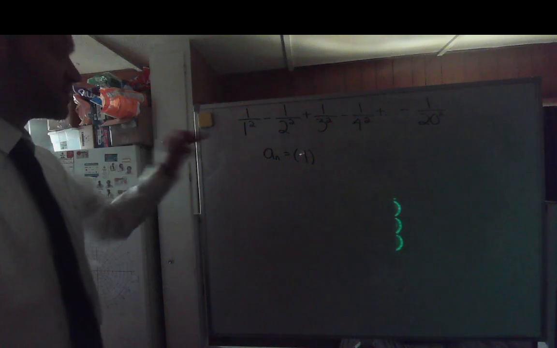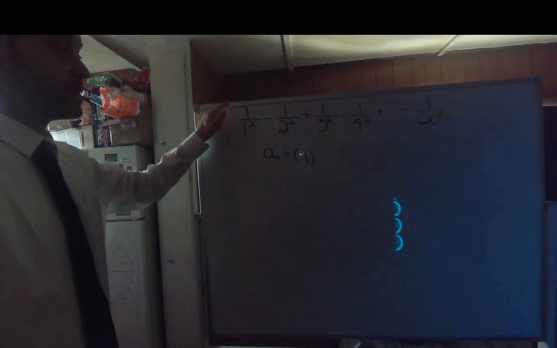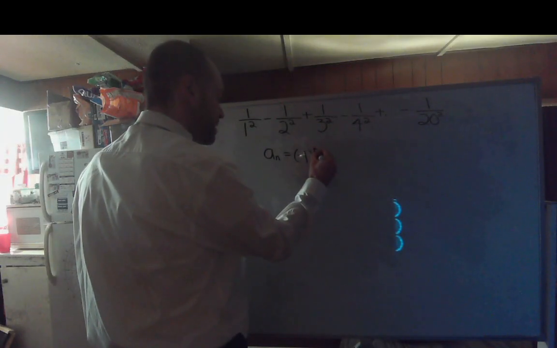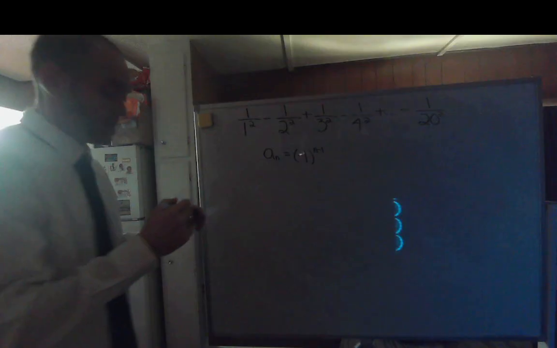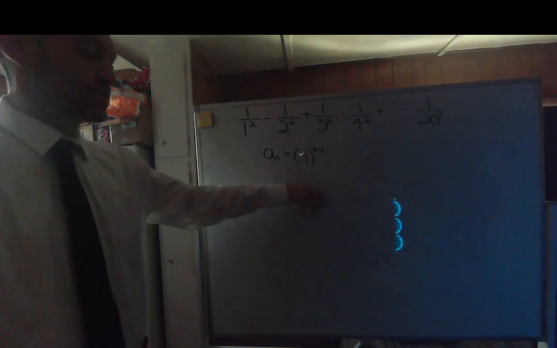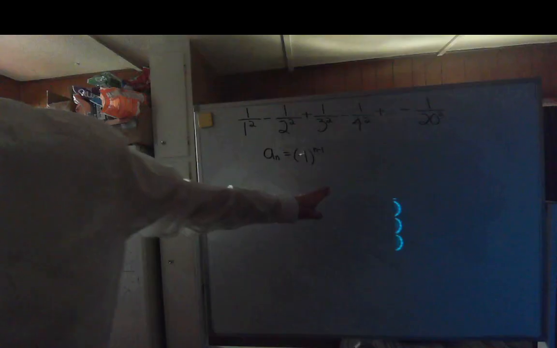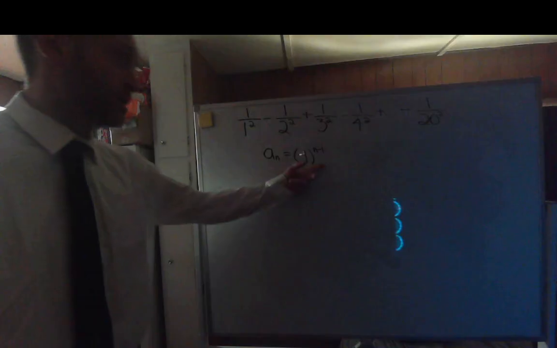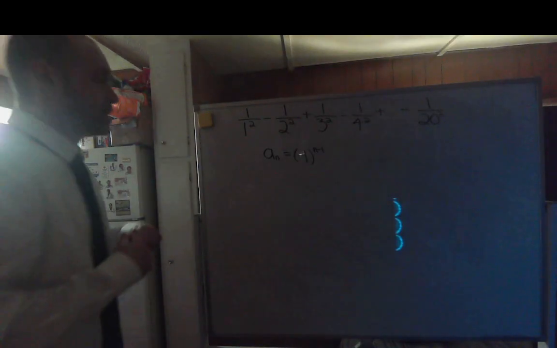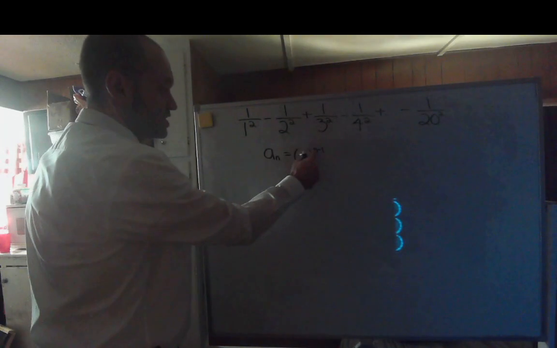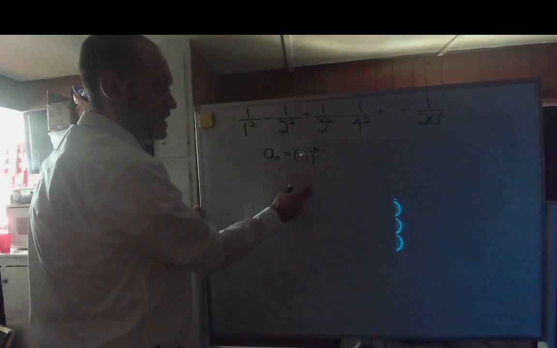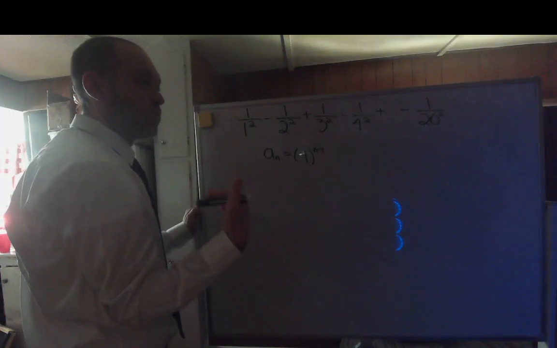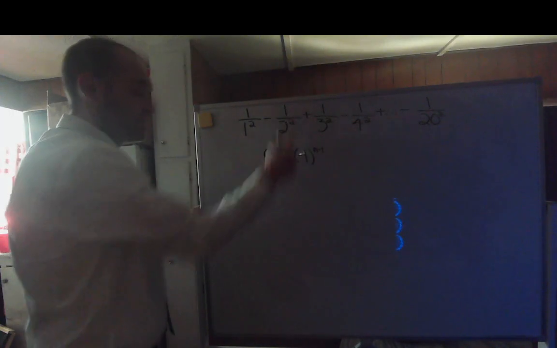So if the first term is positive, we can take -1 to the n minus 1, because -1 to the 1 minus 1 is -1 to the 0, which would give us positive 1. And if I did this with 2, for the second term, -1 to the 2 minus 1 is -1 to the first, which would give me a -1.